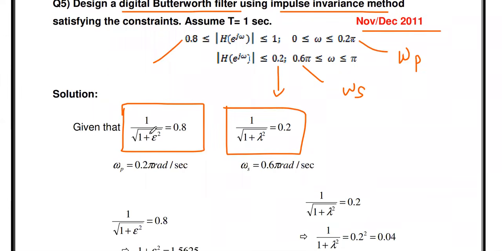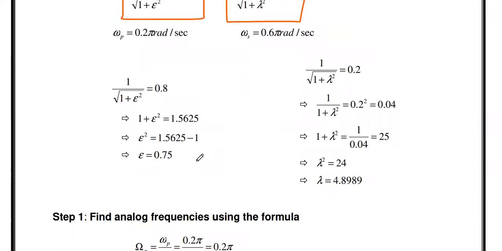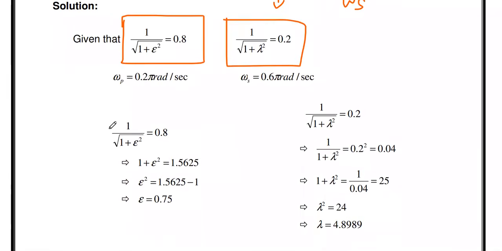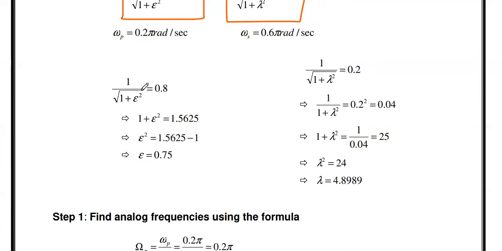What is the first step? Using these expressions, we have to find the values of epsilon and lambda. You already know the procedure. To find epsilon, first take the square on both sides, then take the reciprocal. So 1 plus epsilon squared is equal to 1.5625. Then epsilon squared is obtained by subtracting 1. Taking the square root, we get epsilon equal to 0.75.